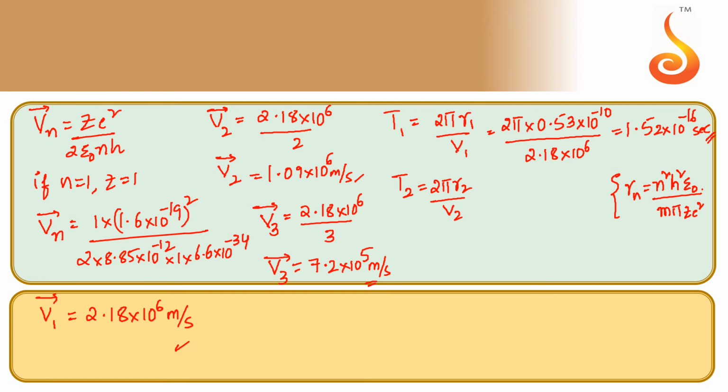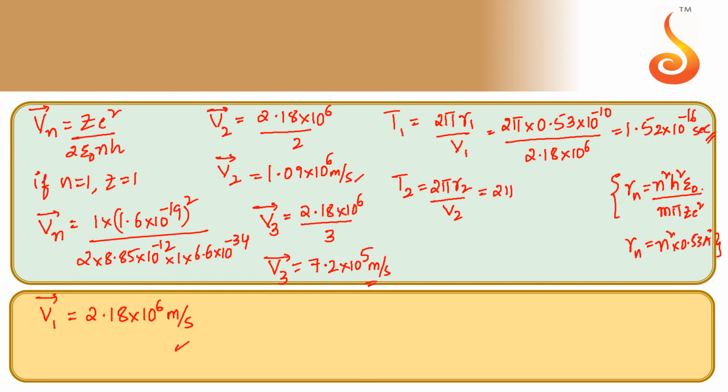Since the n value is varying for each orbit, h square epsilon naught by m pi Z e square value is 0.53, so Rn will always be equal to n square into 0.53 angstroms. Here, since we are talking about r2, n value is 2, so 2 square into 0.53, that means 4 into 0.53.